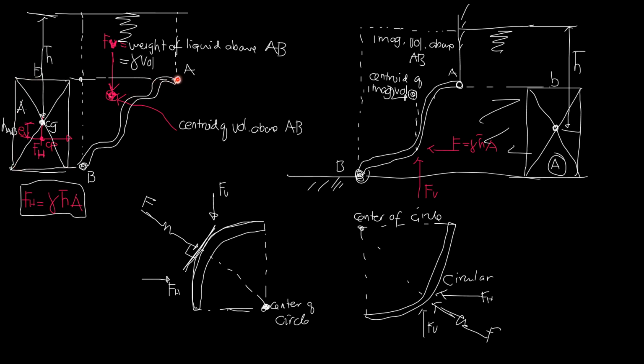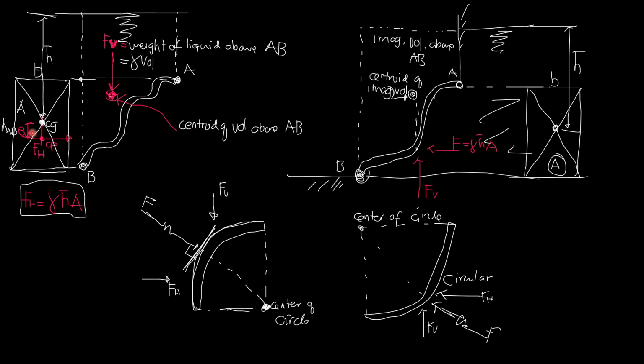So we draw a horizontal line through A and through B. Then the height of the projected surface would be the vertical distance between A and B, HAB. And it is rectangular in shape if the width perpendicular to the screen is constant. So that is B, and this is the vertical distance between A and B, HAB. So FH acts at a point below the centroid of the projected area because there is E sub V. FH is the specific weight of the liquid times barred H times the area.